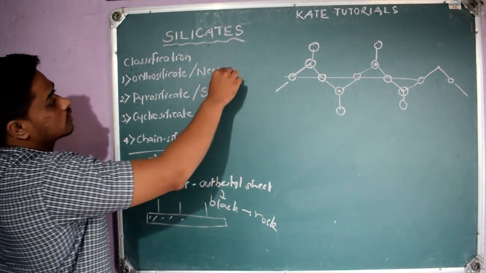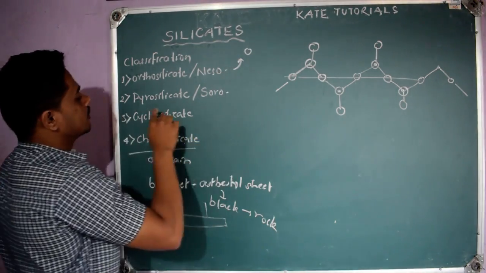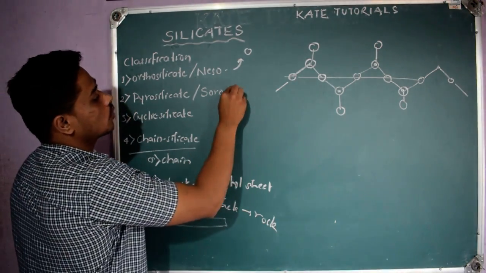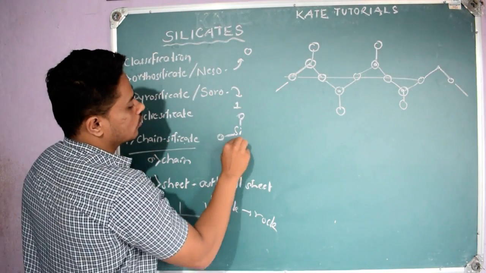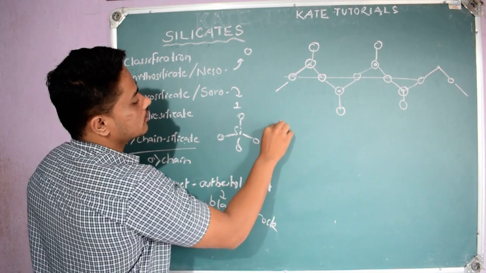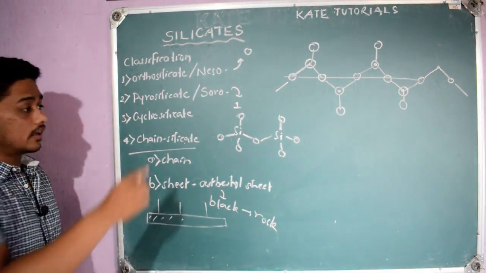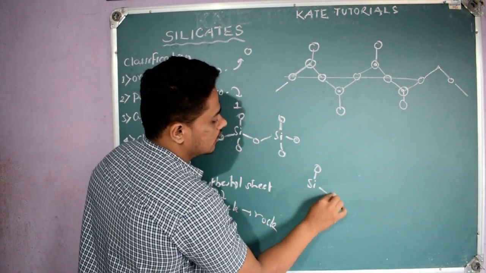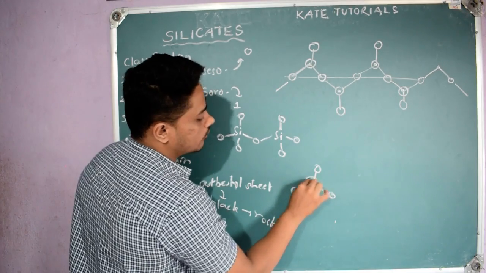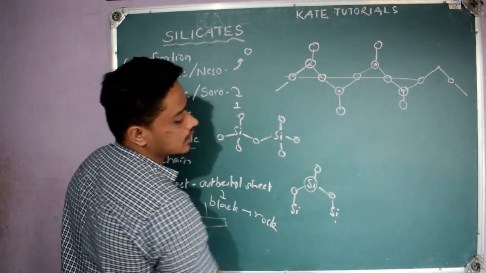Also see, in orthosilicate no oxygen is shared. But in pyrosilicate we saw only one oxygen is shared. See here, this oxygen is shared with one more unit. In cyclic silicate, I forgot to tell, 2 oxygens are shared, like this. This oxygen is also shared with silicon, and this oxygen is also shared with silicon, right?